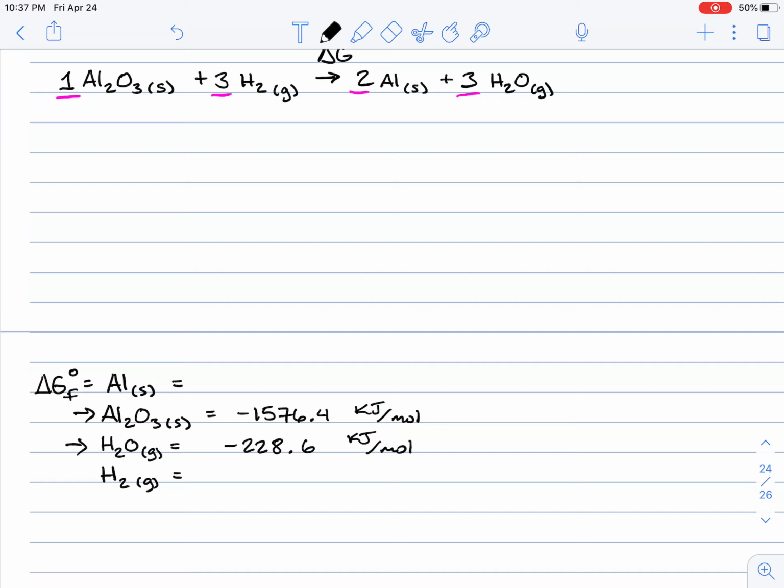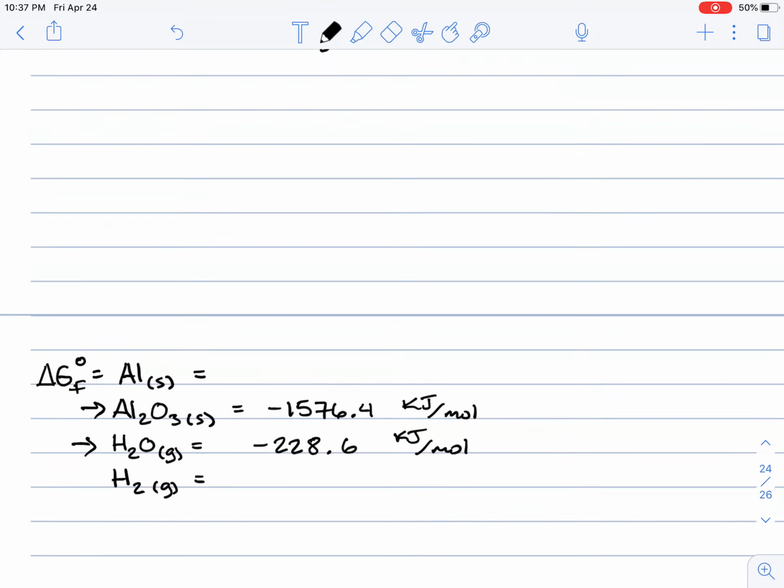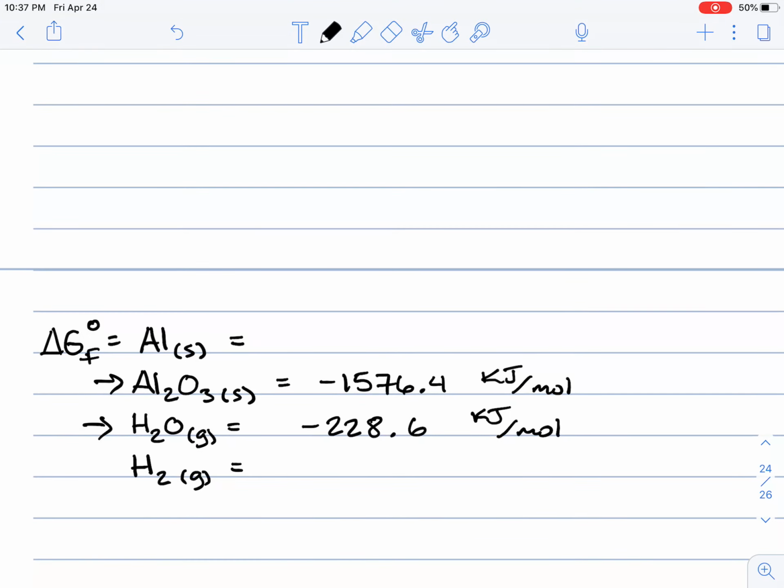For water, it's going to be negative 228.6 kilojoules per mole. And if you were to look up the Gibbs free energy of formation for aluminum and hydrogen gas, it would be 0 and 0, because these two are pure substances, and there's no point for us to make a pure substance if it's naturally occurring.